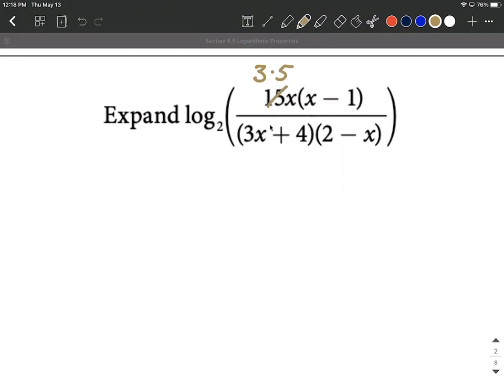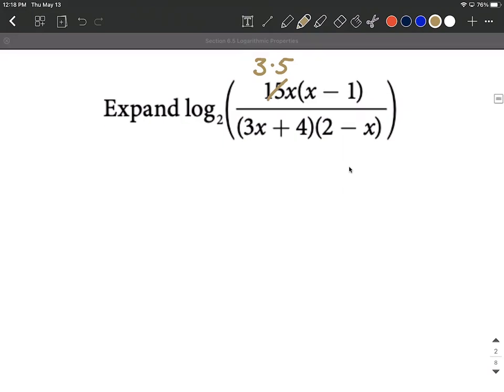Okay, so as we get going on this, we could say log base 2 of the entire numerator minus log base 2 of the entire denominator. At first, I'm going to go ahead and write it out like that, and then we can talk about how to speed up our expanding out in just a second.